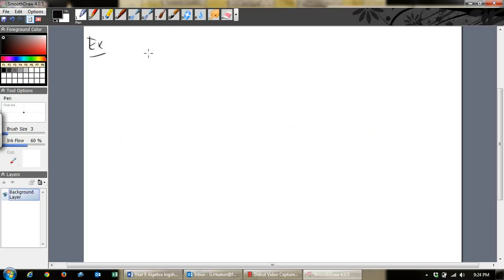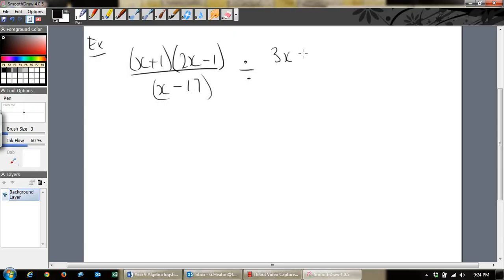One more example. Let's just do a beast. x plus 1, 2x minus 1 over x minus 17 divided by 3x minus 51 over x plus 1, over 2x minus 34.